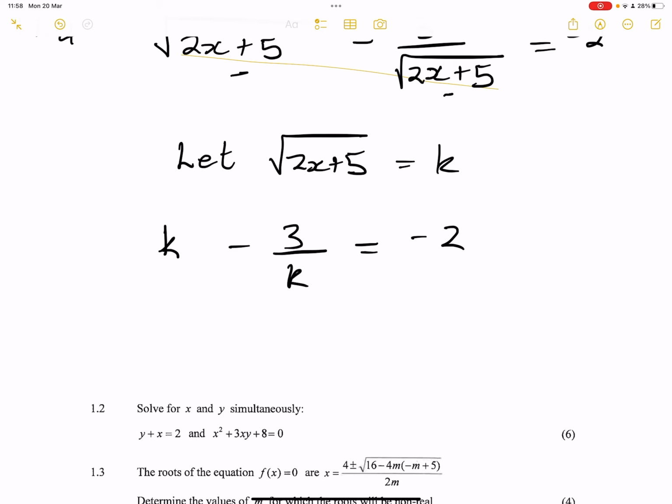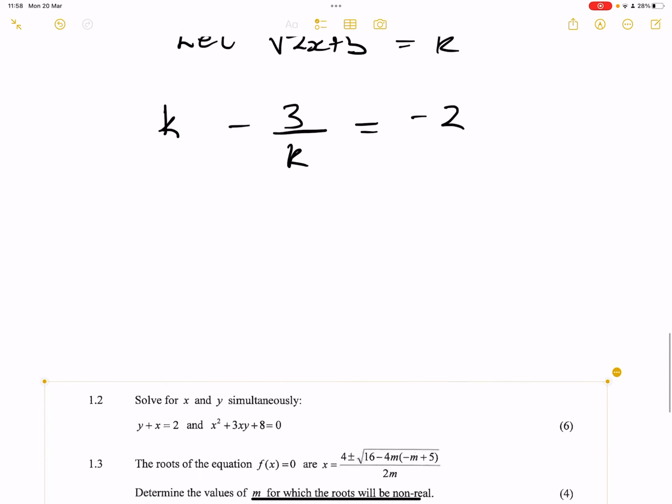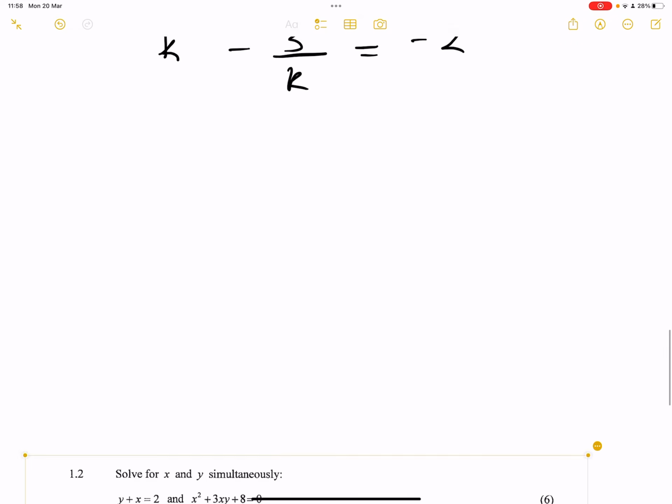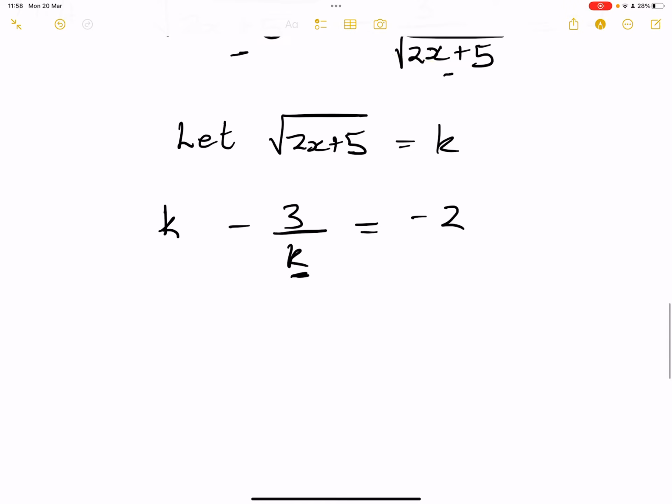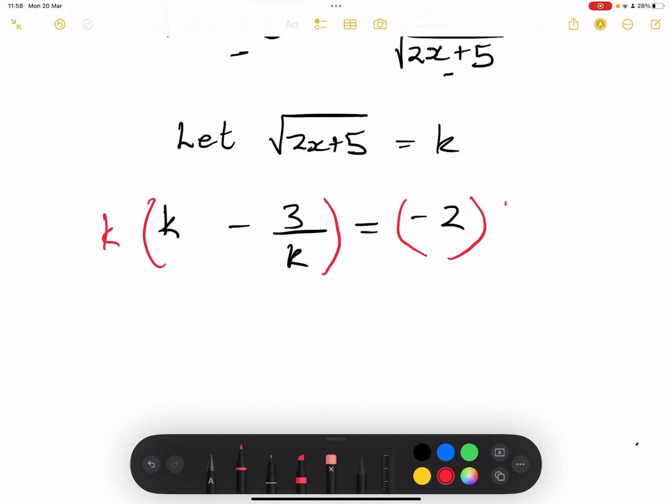So what do we do in this case? We're going to multiply by the lowest common denominator, k, so that we can get rid of that k at the bottom there, right? So if we multiply by k on the left-hand side, we have to multiply by k as well on the right-hand side.